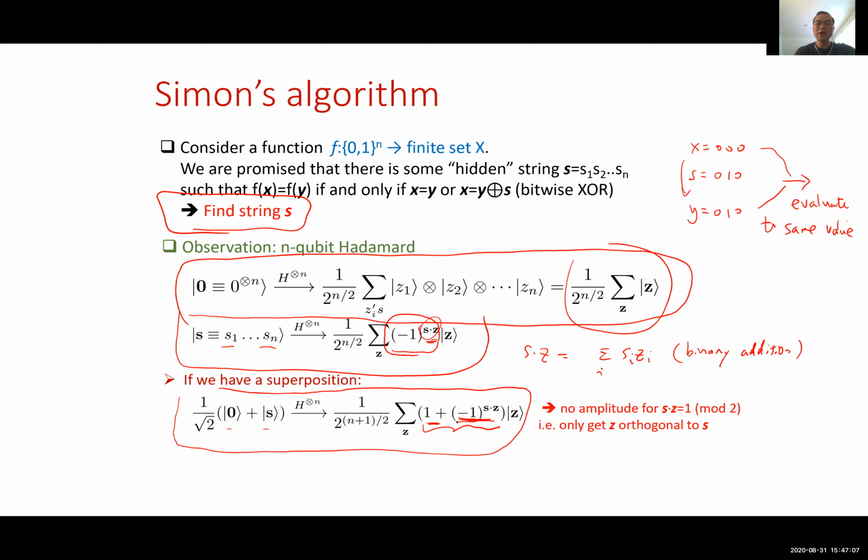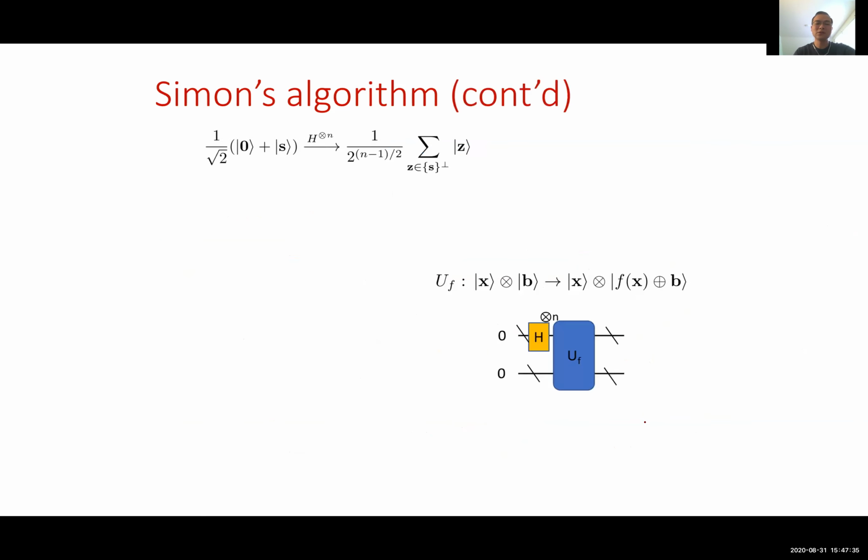If they add to 0, that means that s dot z is 1. But those that are left would be those that have s dot z equal to 0, meaning that the z can only appear in the summation if it's orthogonal to s. Okay, so you can simplify this.